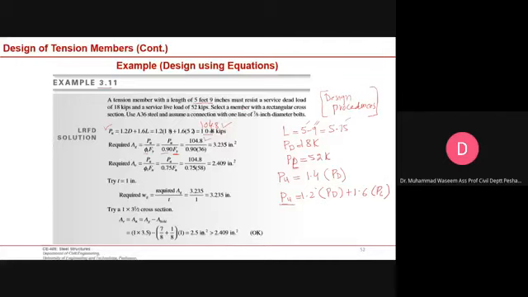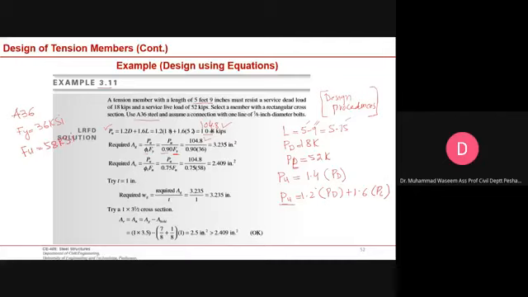We come to the statement of the problem, and you will see that it asks you to use A36 steel. For A36 steel, the Fy value is 36 ksi and the ultimate stress is 58 ksi.